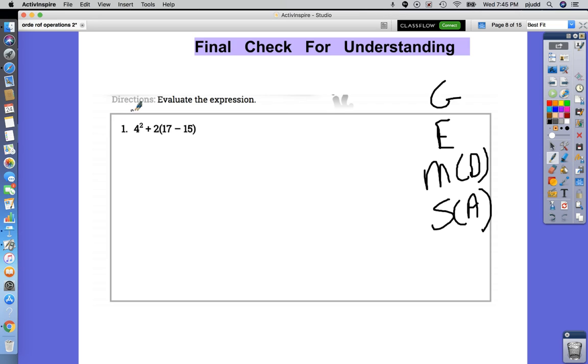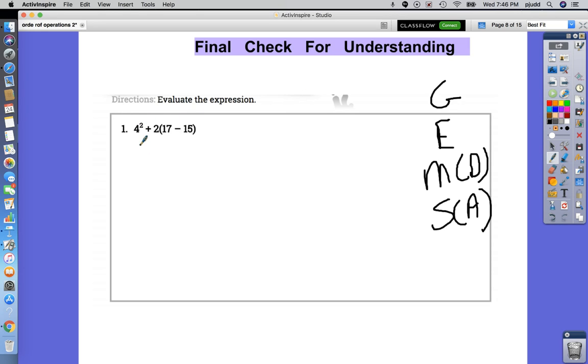So I'm going to look at my expression. I have 4 to the second power plus, in parentheses, 2 times 17 subtract 15. So what do I need to do first? Well, I have groupings here, and then I also have an exponent.